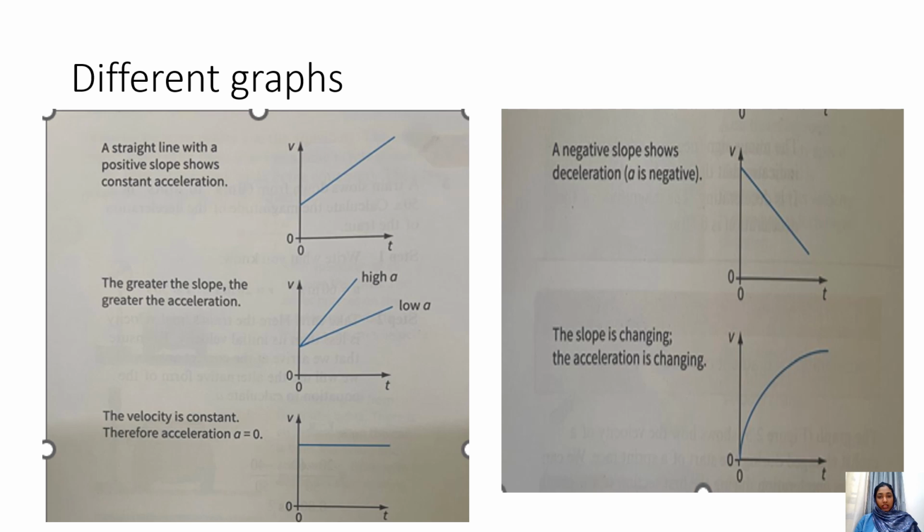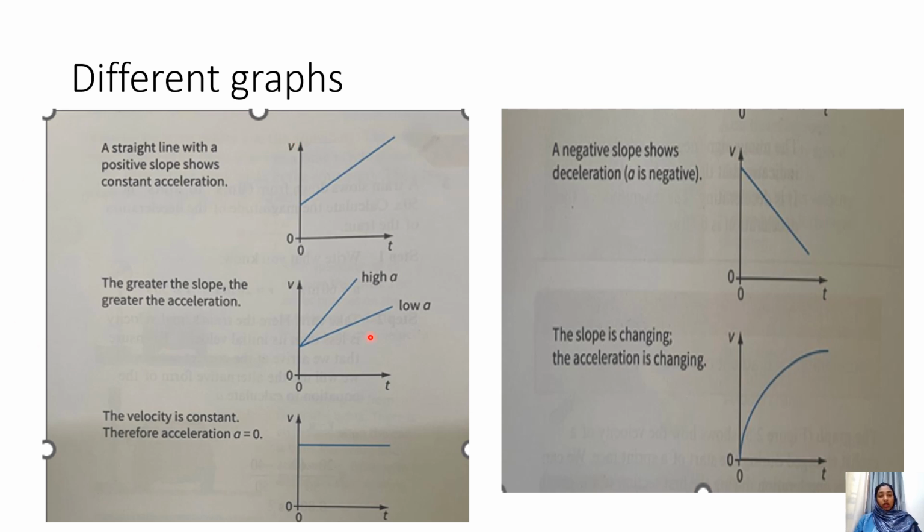Now let us discuss some more graphs in detail. These are the different graphs related to the velocity time graph. In the first graph, you can see a straight line with positive slope that shows constant acceleration. That means as time increases, velocity is increasing constantly, so the velocity increases uniformly over time.